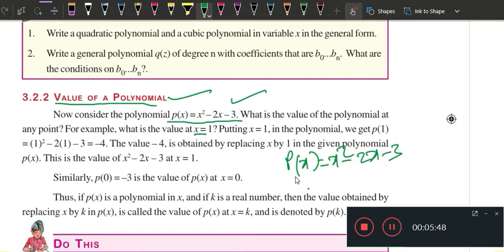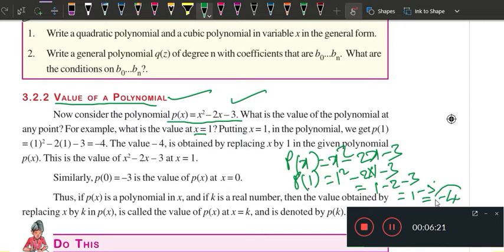If x equal to 1, then p of 1 is equal to 1 square minus 2 into 1 minus 3, that is 1 minus 2 minus 3, which is 1 minus 5, equal to minus 4.